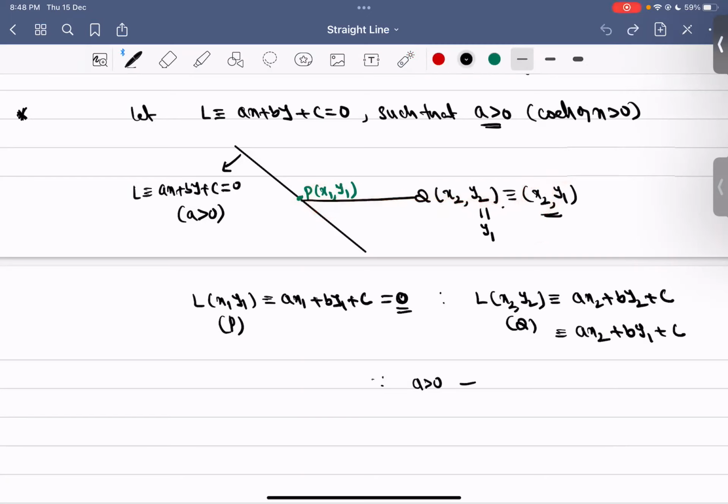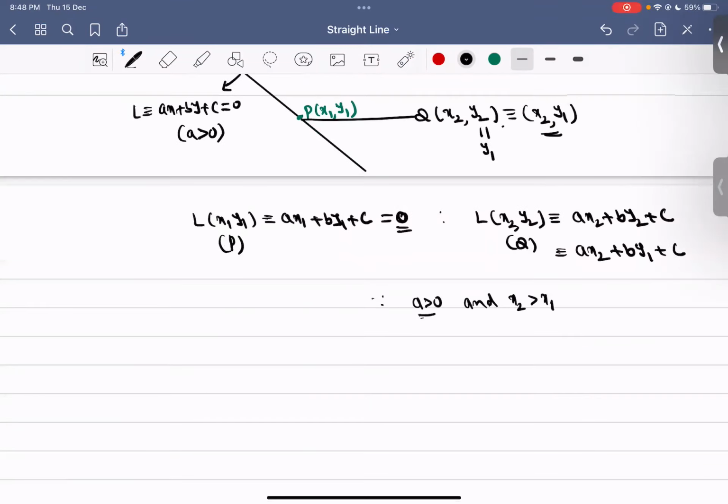If you multiply the inequality with a positive number, the inequality remains the same. Therefore ax2 is greater than ax1.